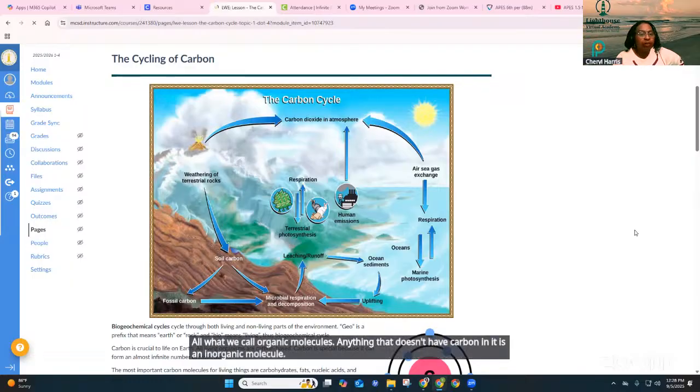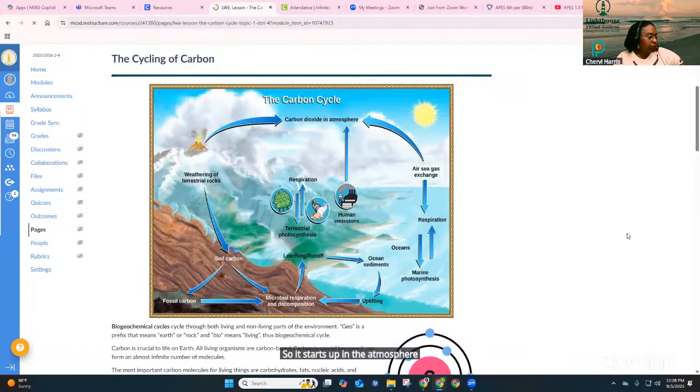So it starts up in the atmosphere as an inorganic substance, and we find ways to incorporate it in the foods we eat. Plants take it in directly. We don't. While we inhale, and then that's something people get confused about. We inhale carbon dioxide when we breathe because it's in the atmosphere. We inhale a lot of things because air is a mixture of gases.